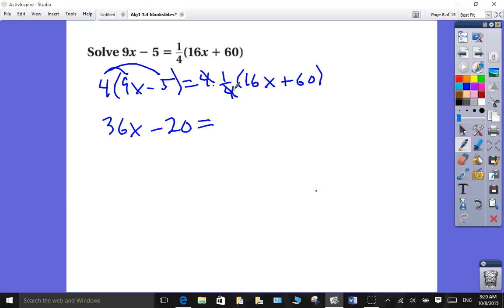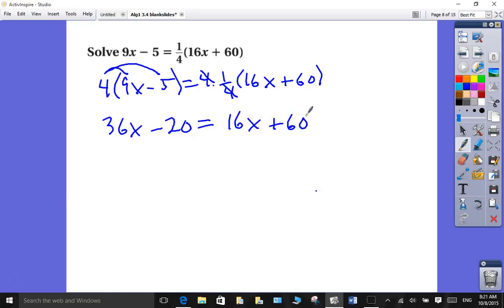There's no more 4 to multiply times 16 or 60. So don't try to do that. You use that 4 to cancel the denominator. Okay, what about the parentheses? Do we need them? No, they're not doing anything. Whether they're there or not won't change any order of operations. So don't be confused because there's parentheses. Just lose them. 16x plus 60.